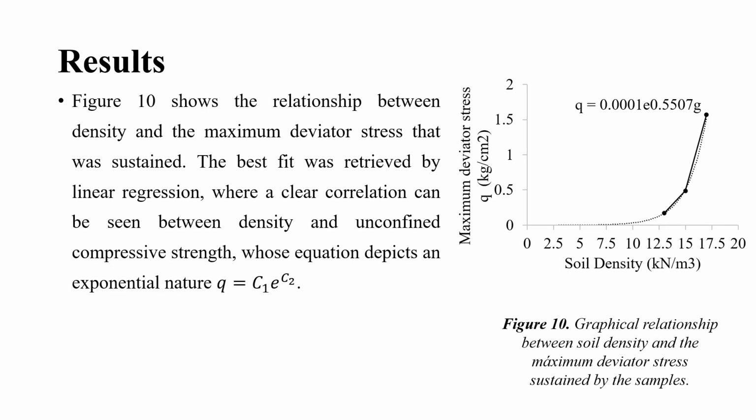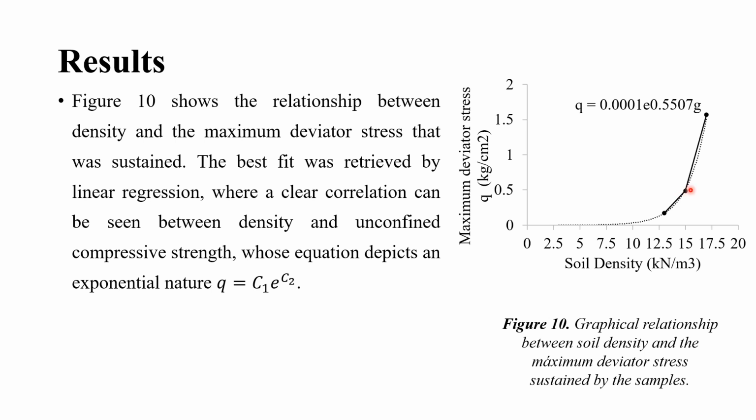In figure 10, we have plotted the relationship between the soil density and the maximum deviator stress that the soil samples have experienced. We can see here that the soil density of 13 kilonewtons per cubic meter sustains lower stress than the maximum deviator stress experienced by soil samples at a higher soil density.